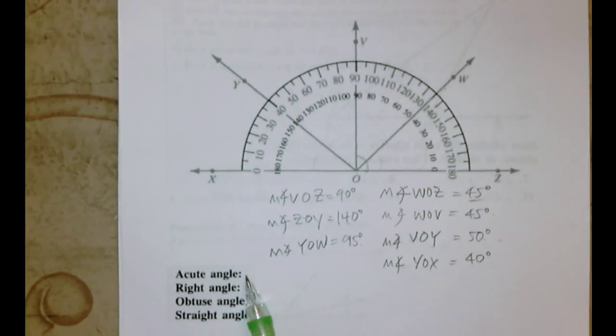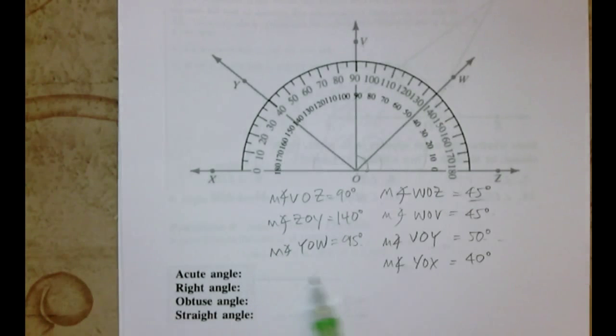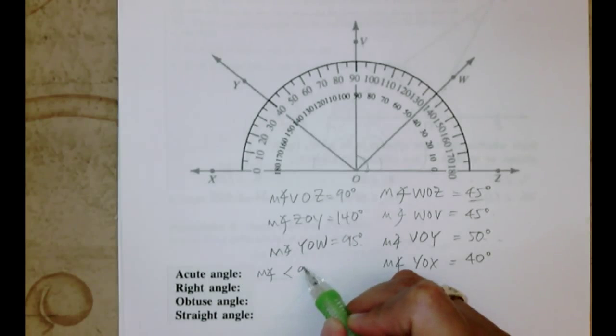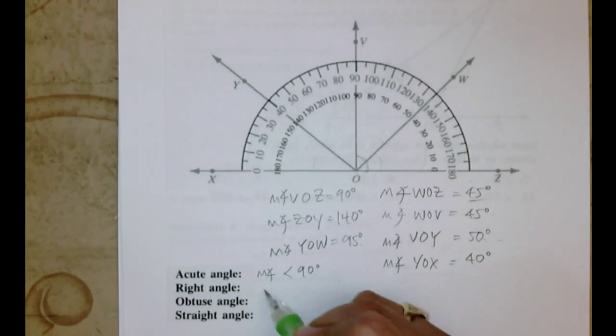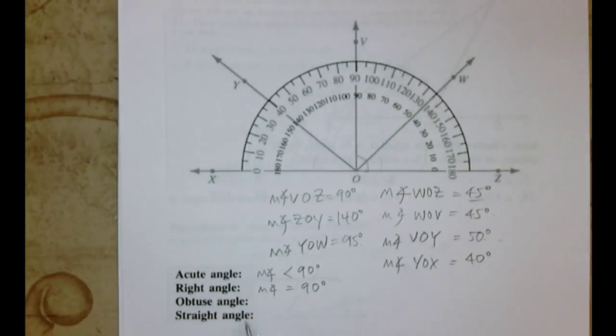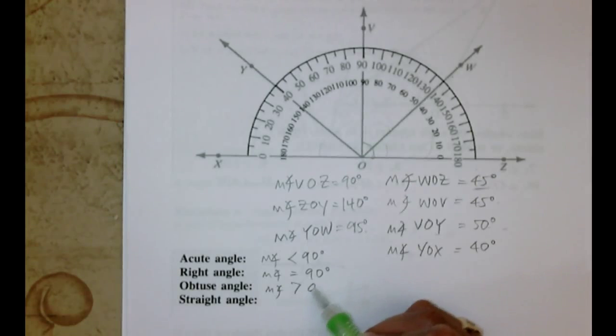Now, an acute angle is any angle less than 90, okay? So just list all the possible angles that are less than 90 here. A right angle is when the measure of the angle is exactly 90 degrees. An obtuse angle means the measure of the angle is greater than 90 degrees.